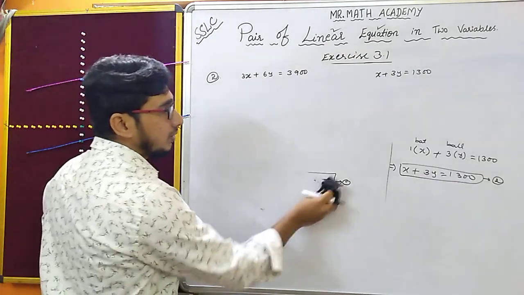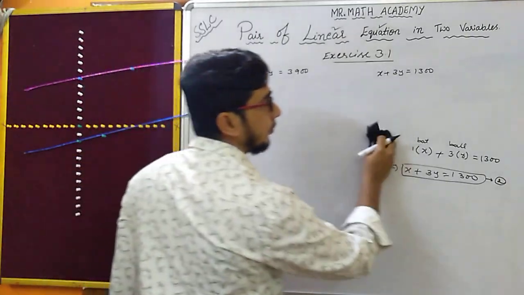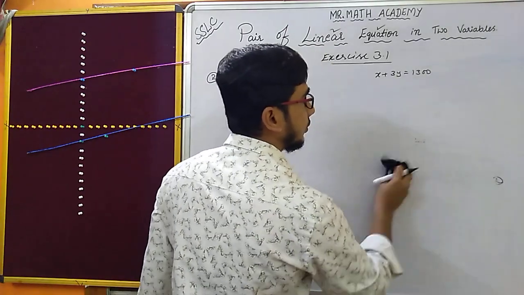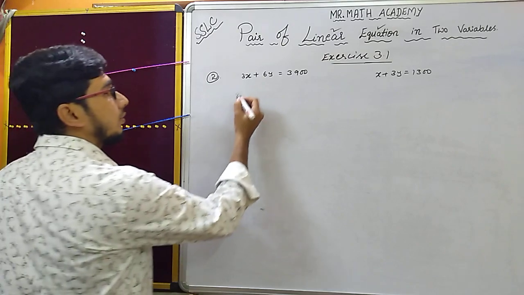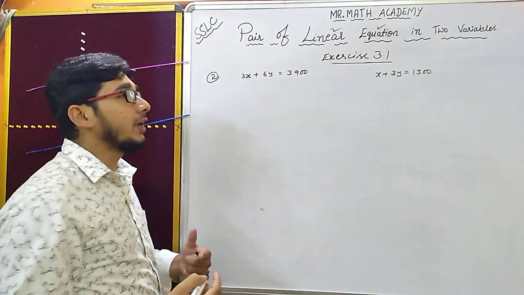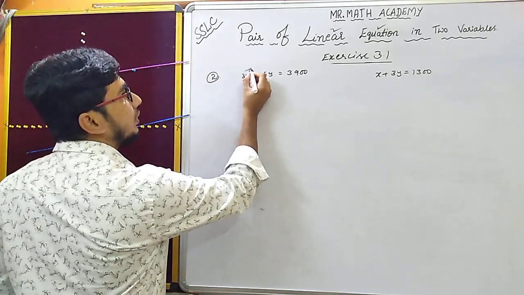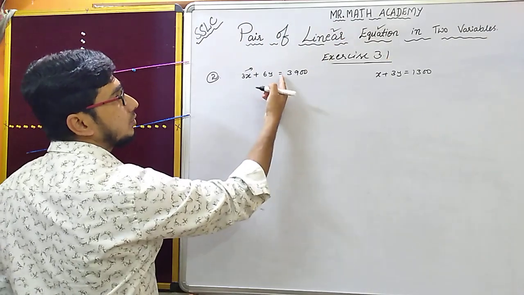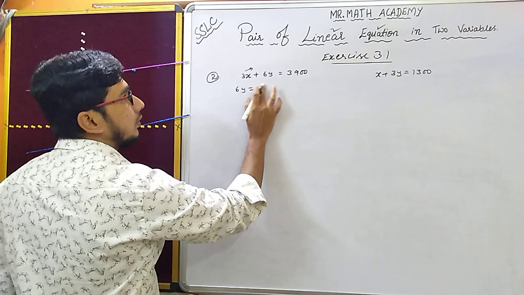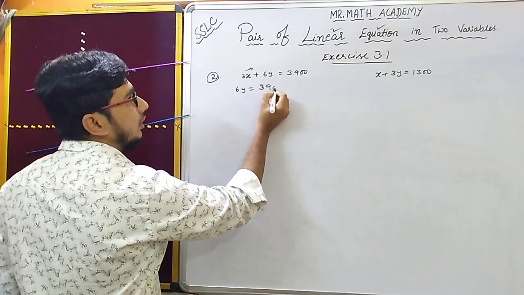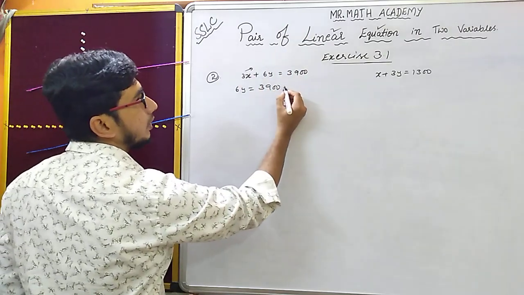So let me find out the points for x and y so that I can plot it in the graph very easily. Let me take the first and keep it in the form of y. So send this to the RHS. Okay, cross the border. 6y is equal to 3,900. If it comes to that side, it will become minus 3x.